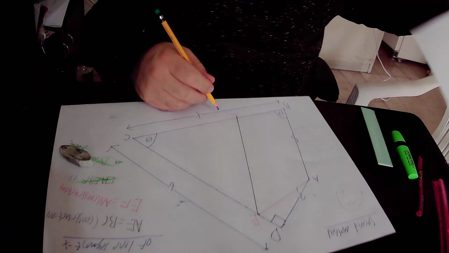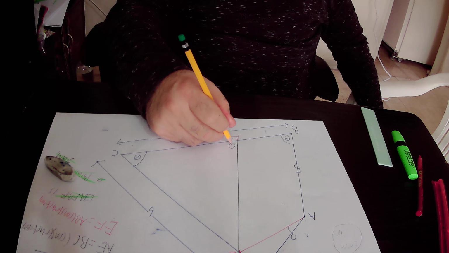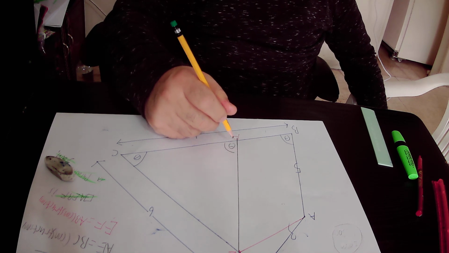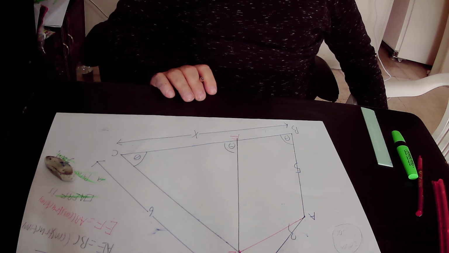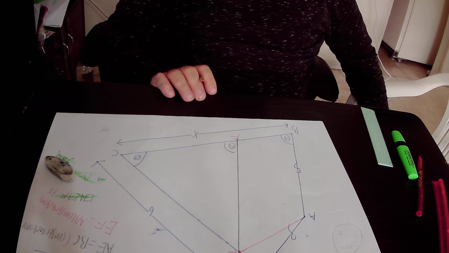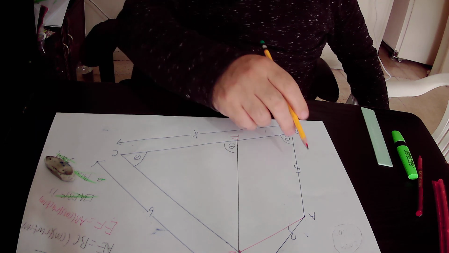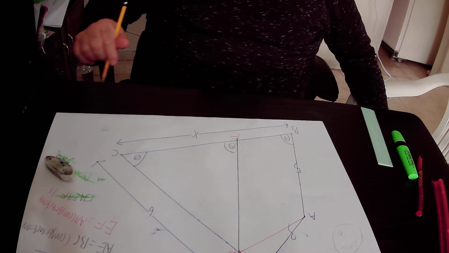Likewise, according to our construction, AE is parallel to BC.